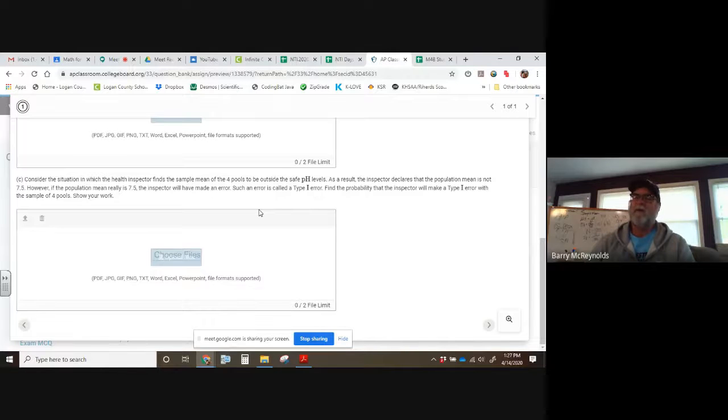Now, right now, you don't have to have a firm knowledge of what type 1 error is. All you need to know is that the inspector's sample of 4 was outside the safe range, and therefore he concludes that they're all unsafe, when in fact, the true value is 7.5, and they therefore are in fact safe.